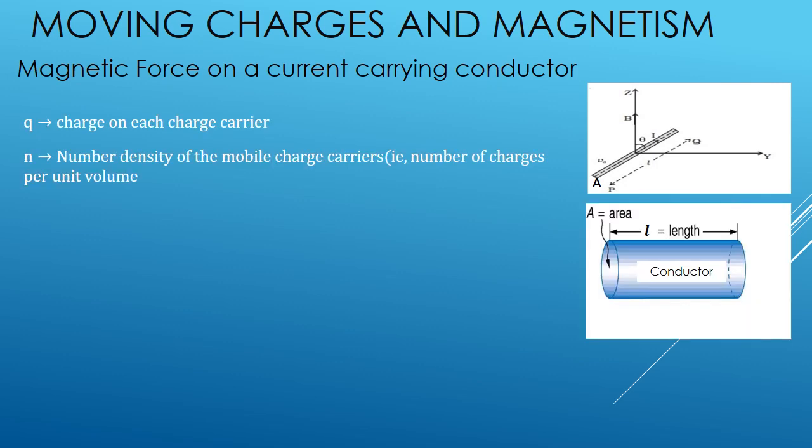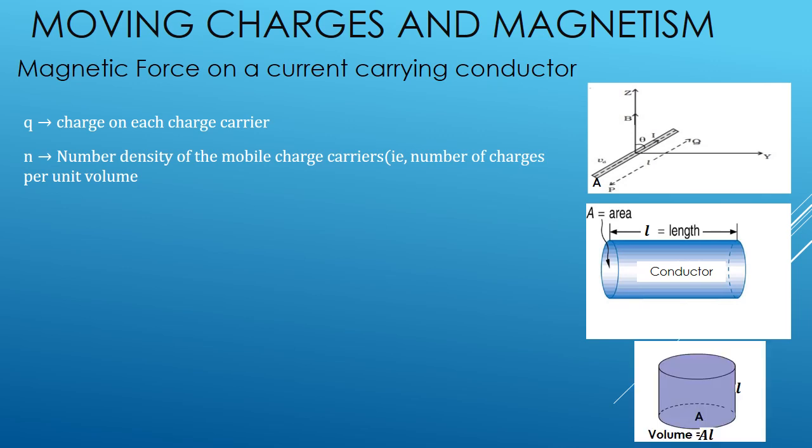Here B is the magnetic field and the angle between magnetic field and length of the conductor is theta. Here you can see the enlarged version of the conductor. L is the length and A is the area of cross section. For this conductor, q is the charge on each charge carrier and n is the number density of mobile charge carriers. That is, it is the number of charges per unit volume.